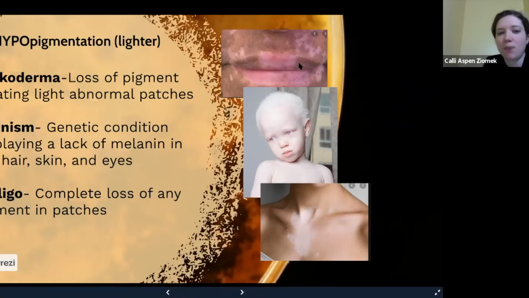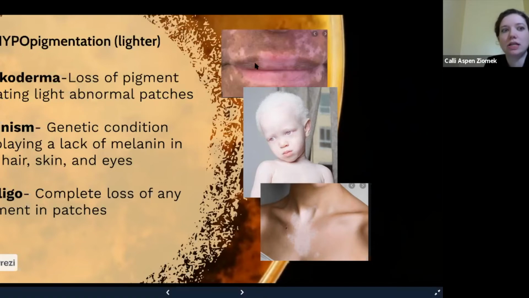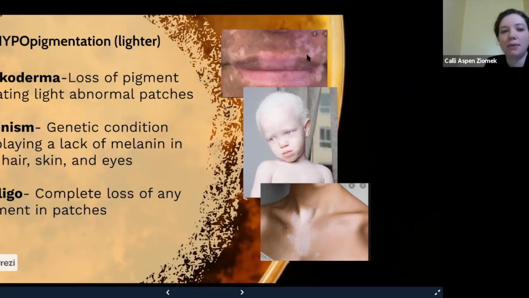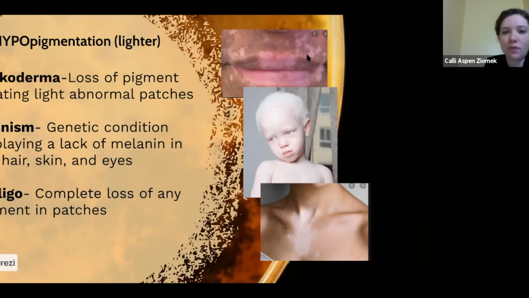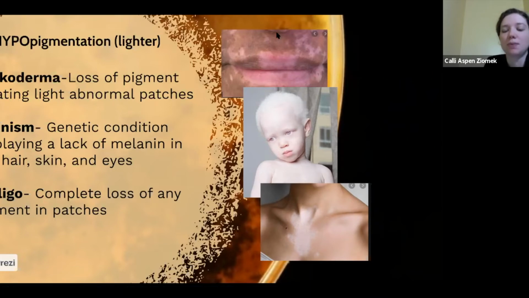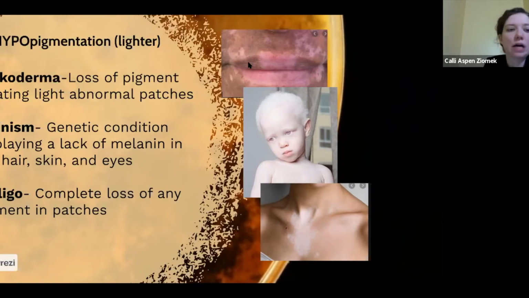They now have patches of skin that look more similar to a Fitzpatrick 2 or 3. So their skin is getting lighter in very weird patches. This one is specifically around his mouth. Other ones, it can be around your hands, or it can just be in random patches all over your body.